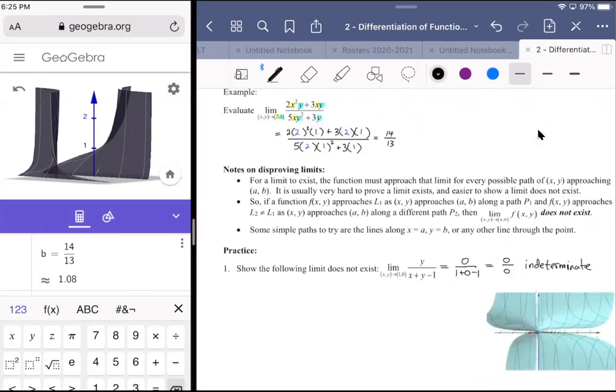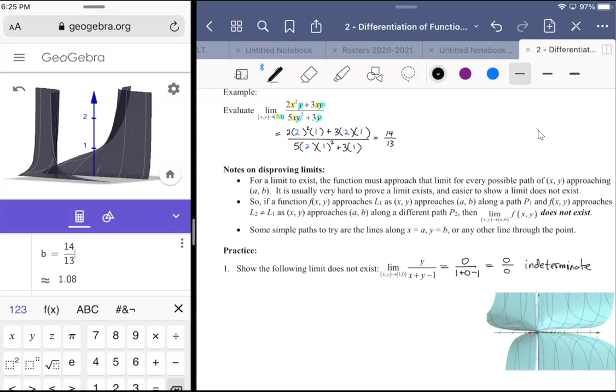All right. Now, that in and of itself means that the function could have a limit that exists or not exist. You just have to do more work to uncover the reality.